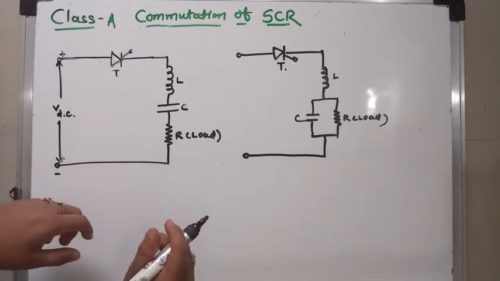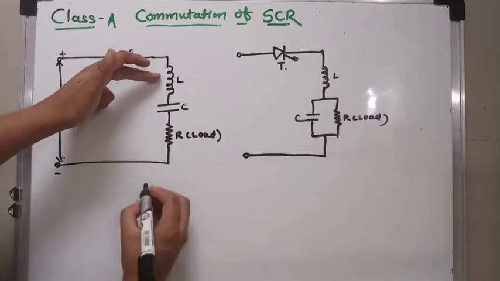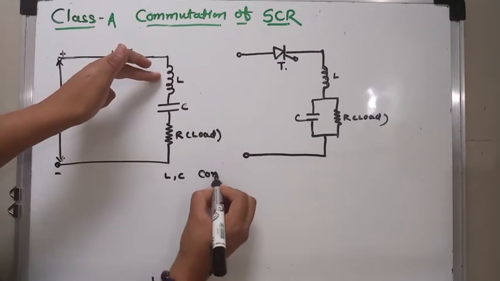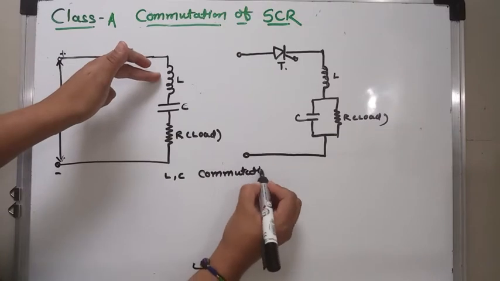Now in a class A commutation, the inductor L and capacitor C are both the commutating elements.